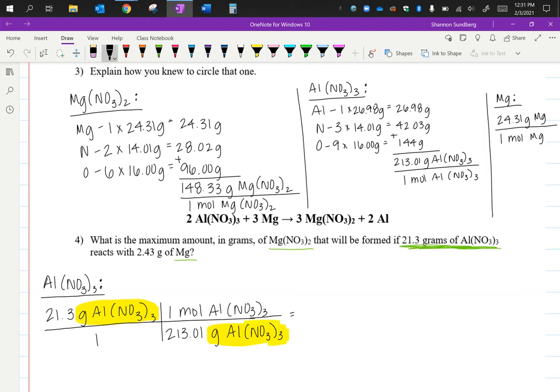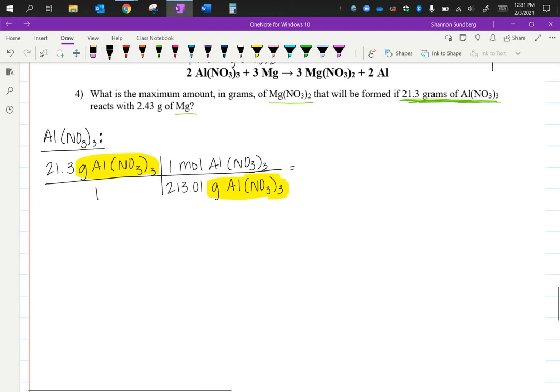Now in your T-chart, same process as always. You multiply across the top. So 21.3 times 1. And then 1 times 213.01 is your denominator. You divide those two numbers and you will get 0.0999. There are more numbers after that, but I really don't like to round very much because the more you round, the less accurate your answer is.